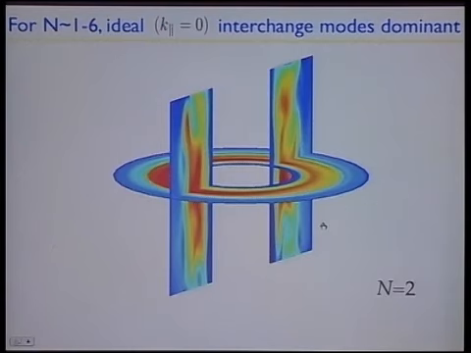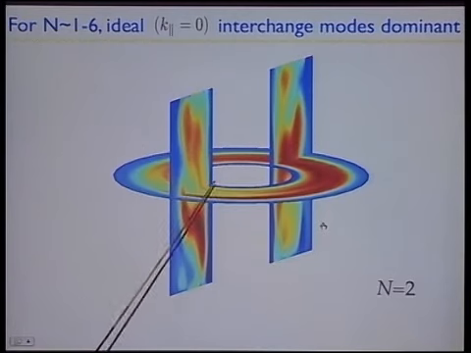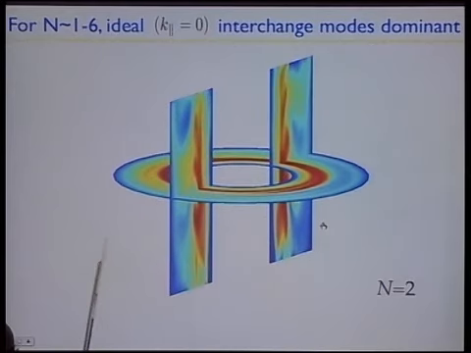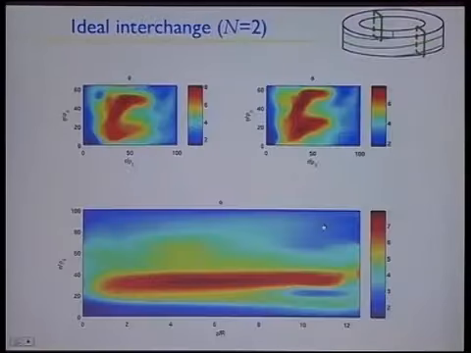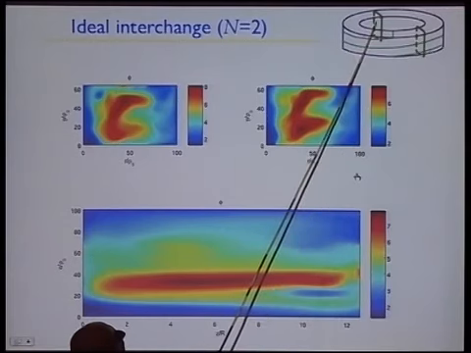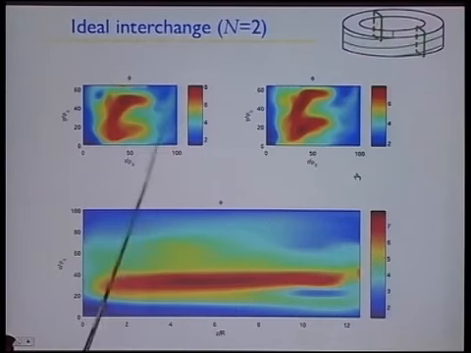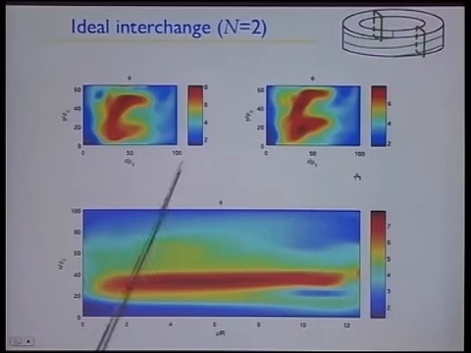And this is actually what is shown in this movie, where you see clearly that the wavelength in the system is half the height of the device. And maybe a clearer movie is this one that shows again the electrostatic potential in two cross sections and in one parallel plane that winds around the torus.